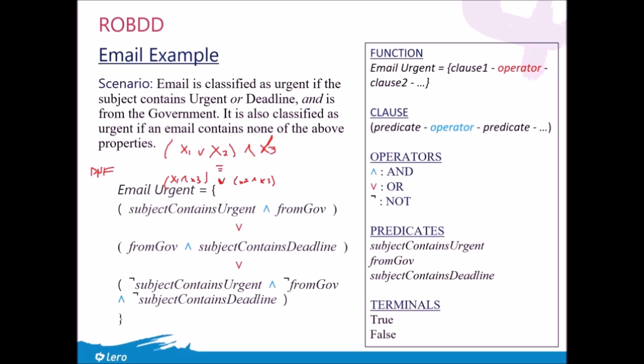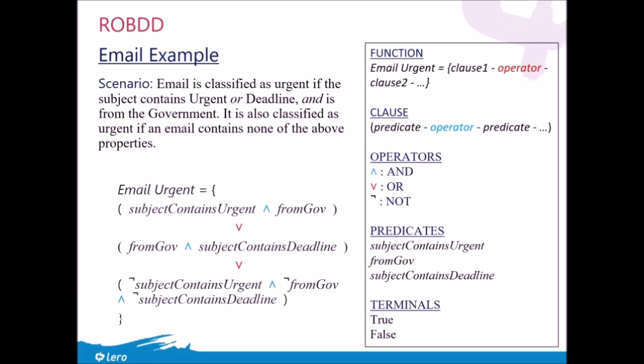So that's essentially what we've done in the start. Here with subject contains urgent and from gov, or from gov and subject contains deadline. And finally, our final clause is or to not subject contains urgent and not from government and not subject contains deadline.